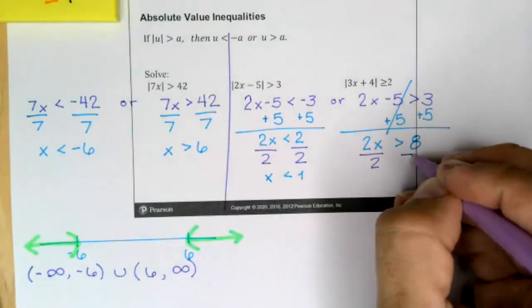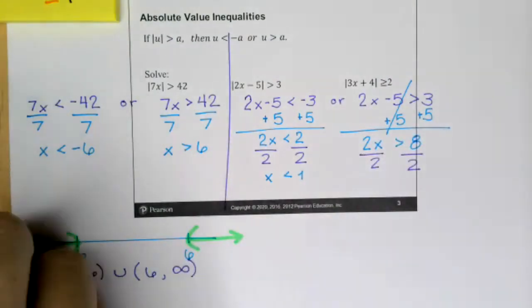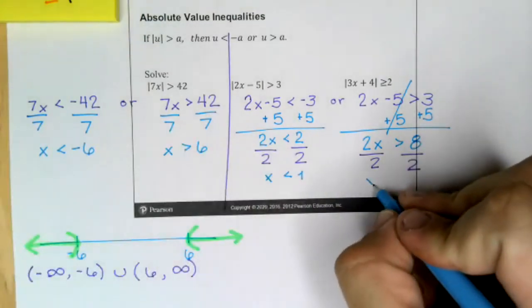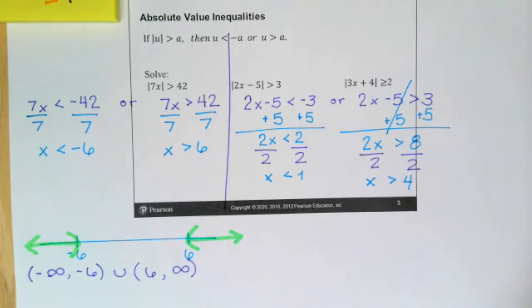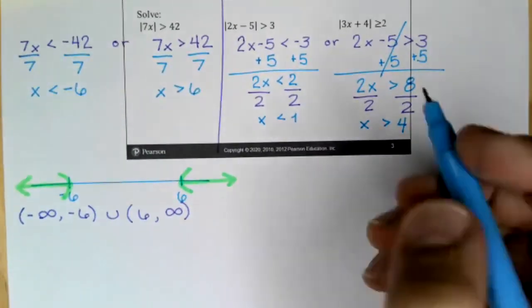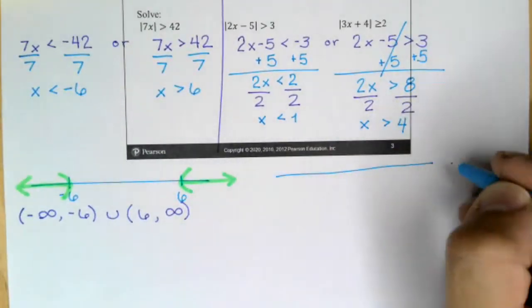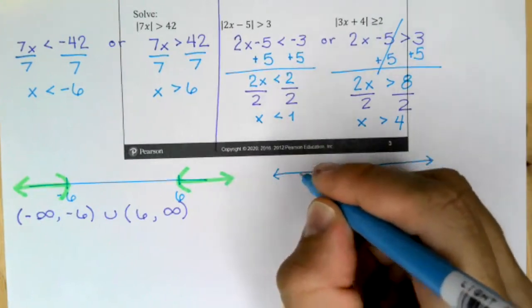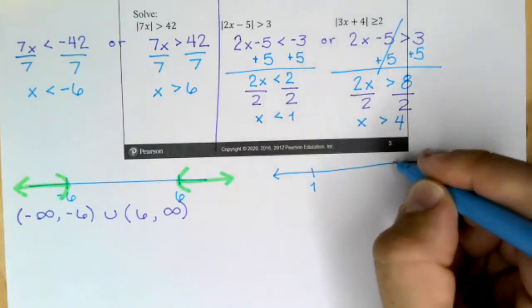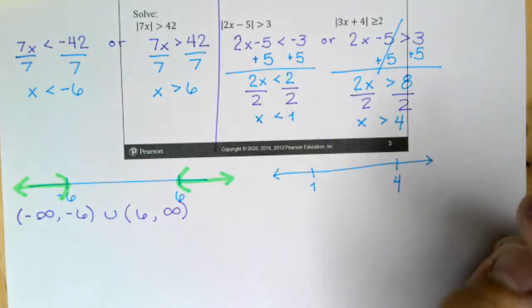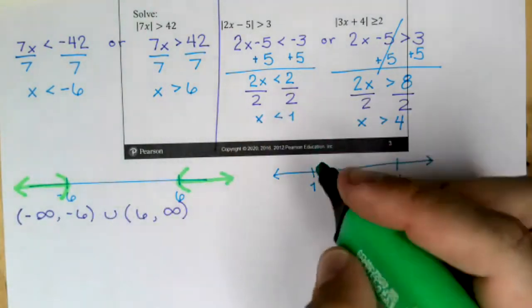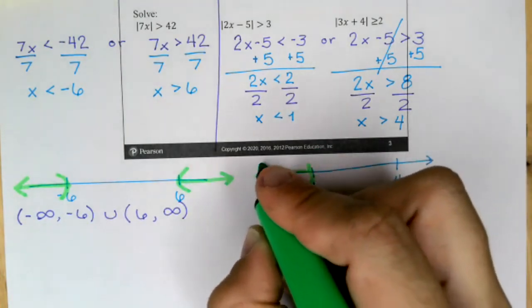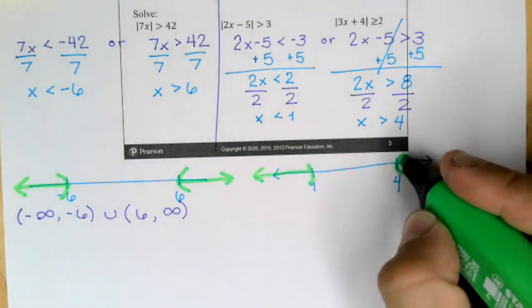Divide by 2, divide by 2. X is greater than 8 divided by 2, which is 4. So I need a 1 and a 4. X is less than 1. X is greater than 4.